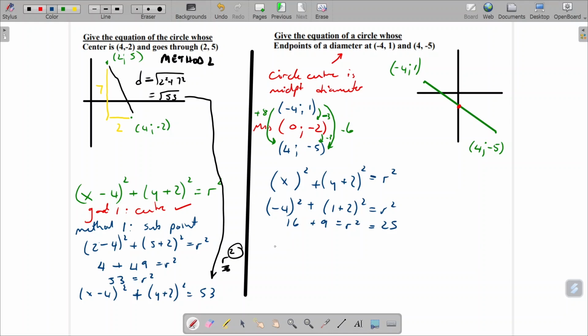And we have our sum: x squared plus y plus 2 all squared equals 25. And again, 25 is a nice number, a perfect square, which means we can realize that our radius would equal 5. That might be useful for follow-on questions.